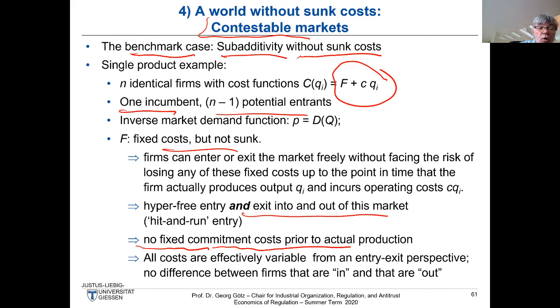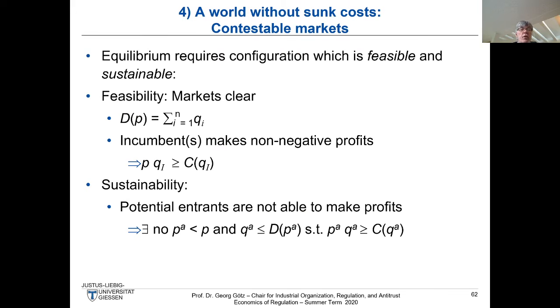And therefore, all costs are effectively variable from an entry-exit perspective. There is really no difference between firms that are in and that are out. But if you have that, you get a very interesting kind of result. Actually, what we have here is some kind of generalized Bertrand competition.